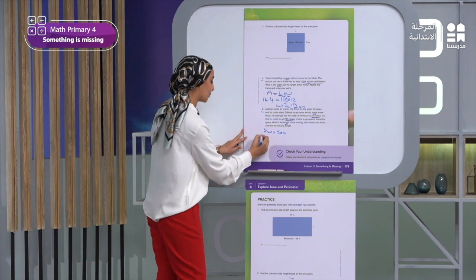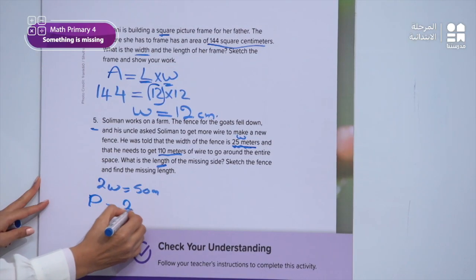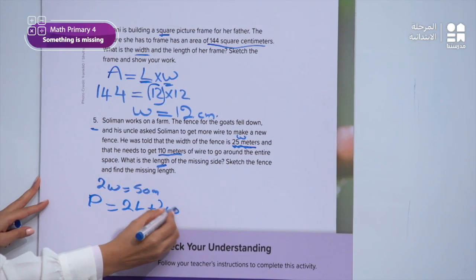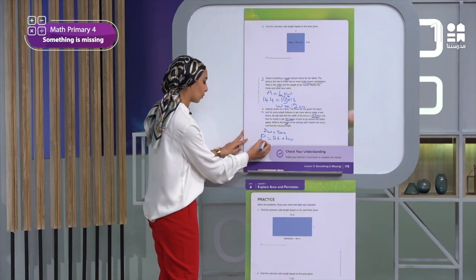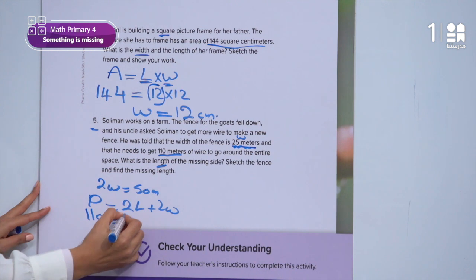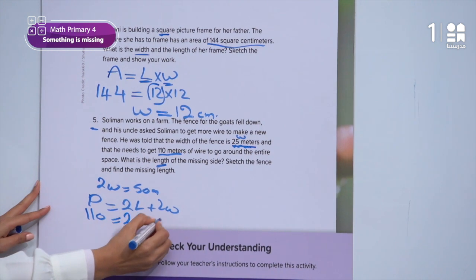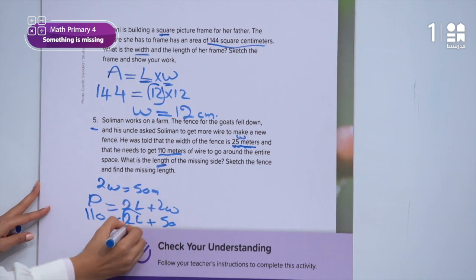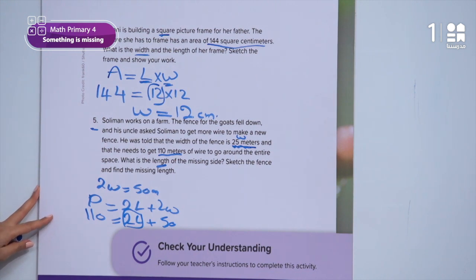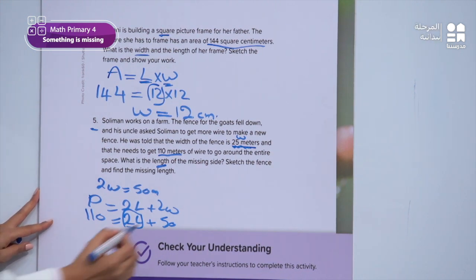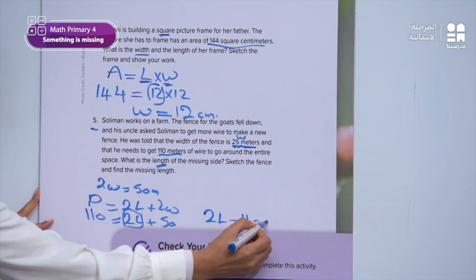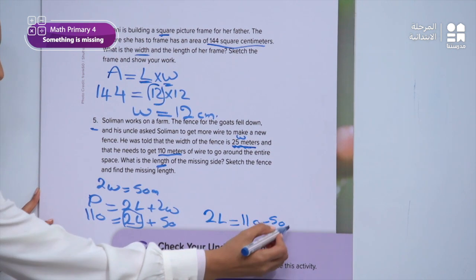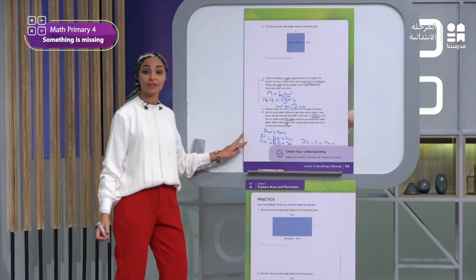طيب هو دلوقتي البارامتر equals what؟ Perimeter equals 2 length plus 2 width, right؟ طيب انا عندي البارامتر بكام؟ انا عندي البارامتر 110 والتو width بكام؟ التو width ب 50. So the two length equals what? Yes, two length equals 110 minus 50, right? 110 minus 50 equals what?